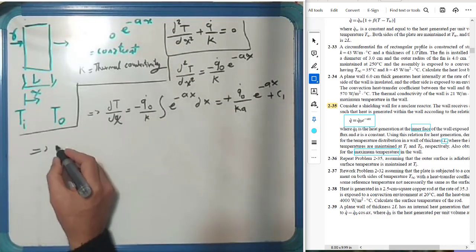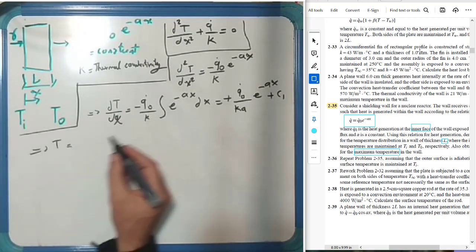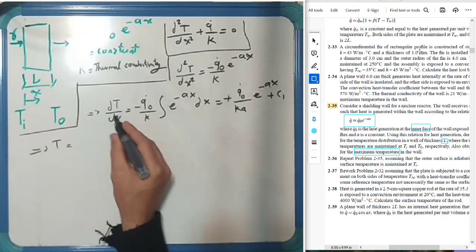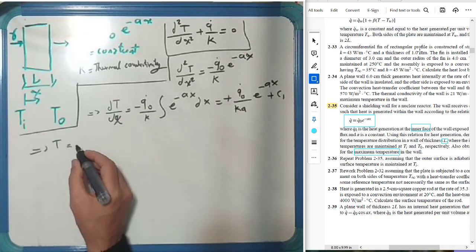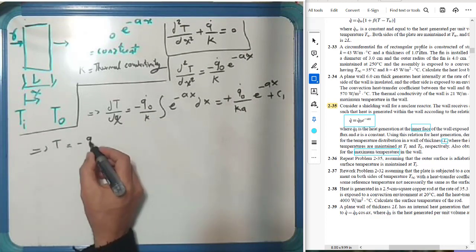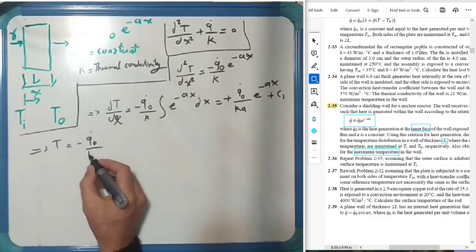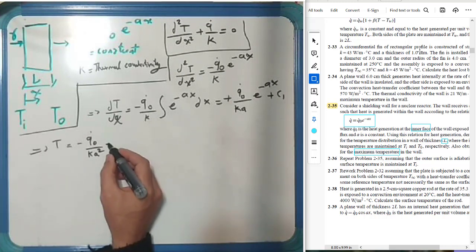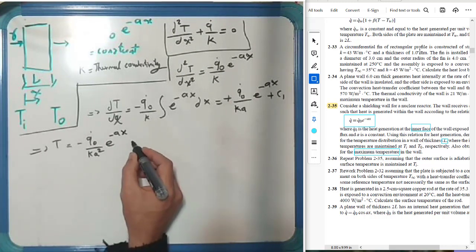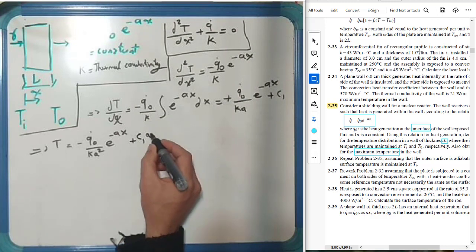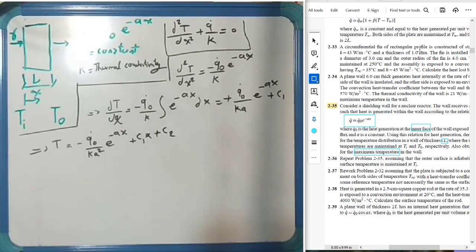Then if I integrate this equation, I get the temperature profile. It will be Q dot naught over k a squared e to the power minus a x plus c1 x plus c2.